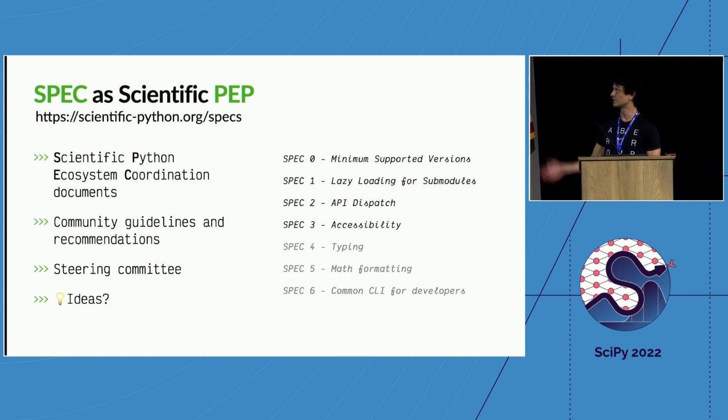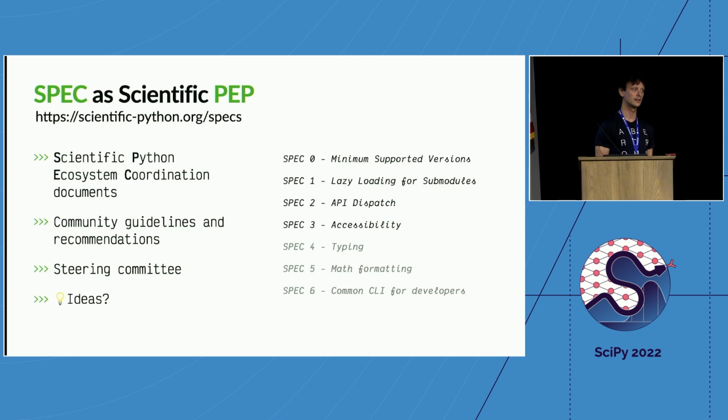A few examples here are, for instance, the minimum supported versions. You may know the NEP from NumPy. They have a guideline about how to support versions, which NumPy versions and which Python versions are supported. When this guideline was created by NumPy, Scientific Python did not exist yet.